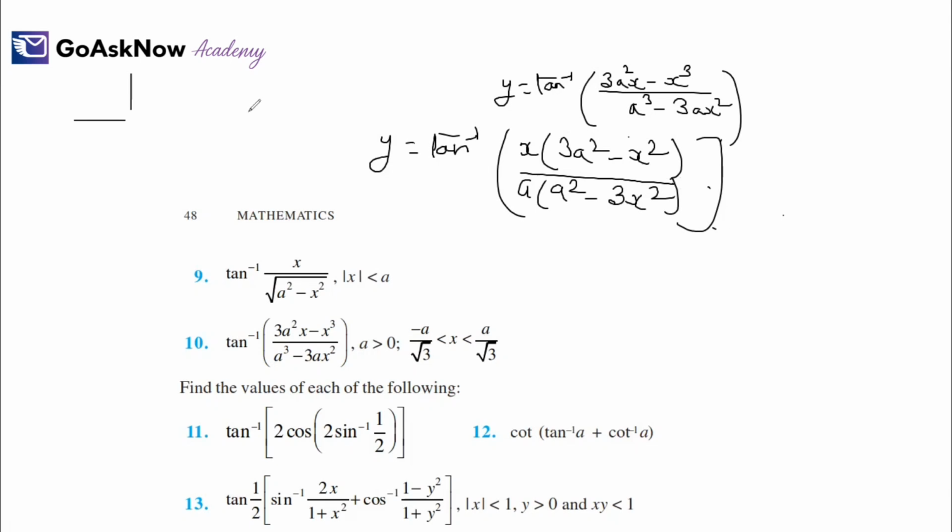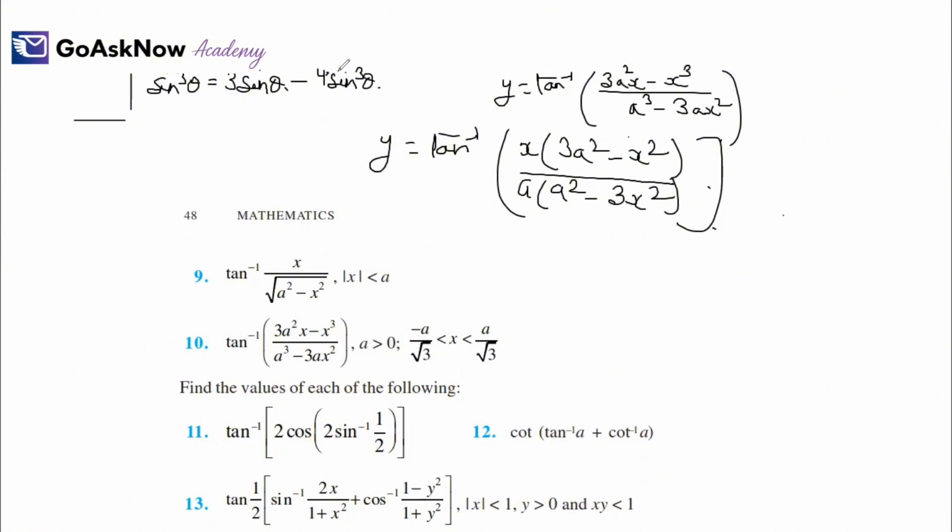So you have the formula like sine 3 theta is equal to 3 sine theta minus 4 sine cube theta. This formula you have.